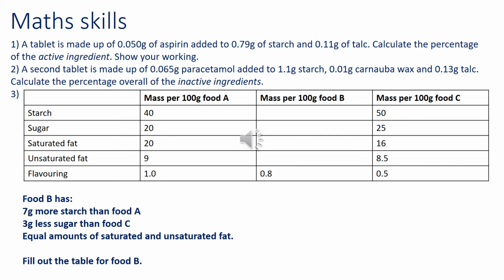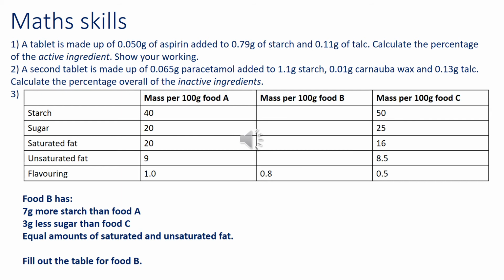For question number 2, a second tablet is made up of 0.065 gram paracetamol added to 1.1 grams starch, 0.01 gram carnauba wax, and 0.13 gram talc.